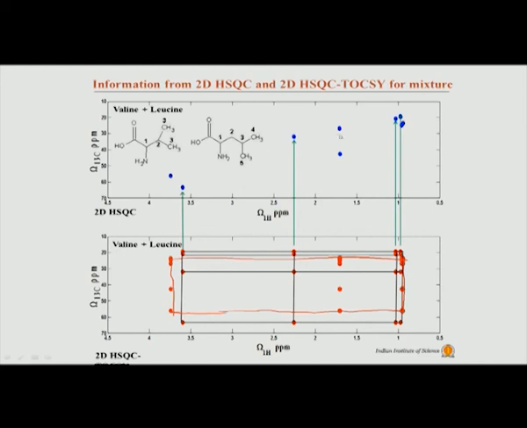Similarly, the remaining peaks can now be clubbed together because they all belong to one spin system, and based on the database or any reference values you can then figure out which molecule that could be, because in the database one would have stored all the chemical shift values of a given amino acid or a given molecule, and that molecule will have known expected chemical shifts. Now we have connected them by HSQC-TOCSY, and that connection reveals that it is one spin system, and now we can identify that molecule as either valine or leucine.